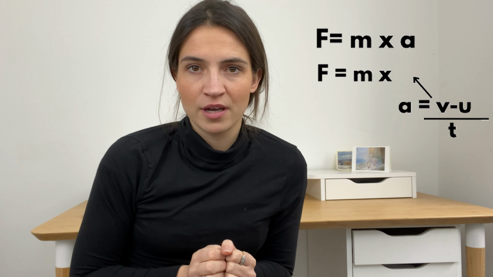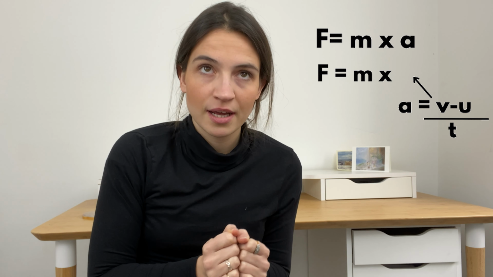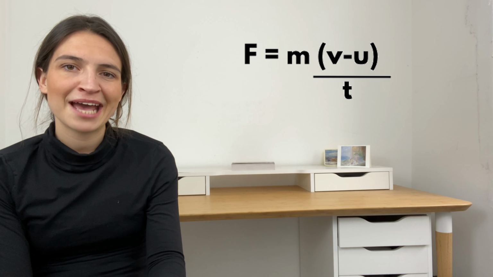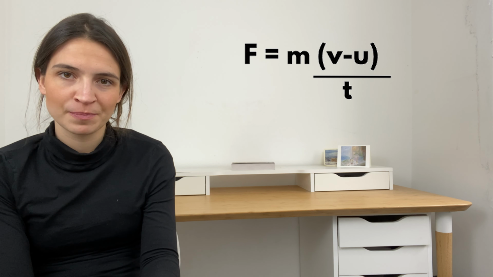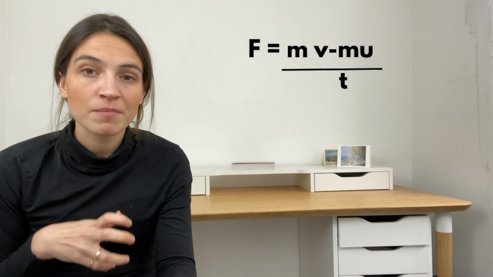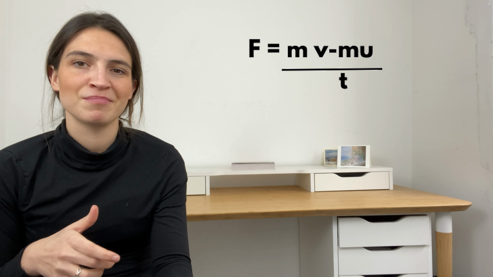So now what we're going to do is sub that equation for acceleration into Newton's second law. So we get F equals m multiplied by (v minus u) over t. And if we multiply out the brackets, that gives us (mv minus mu) divided by t.